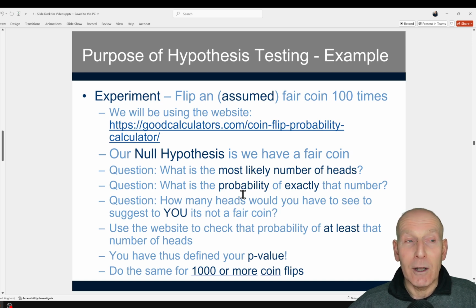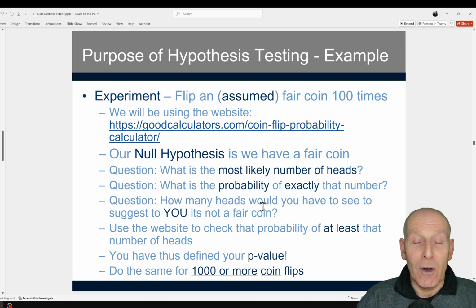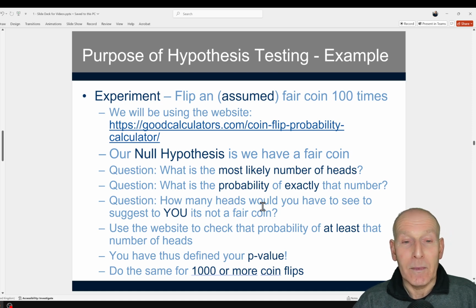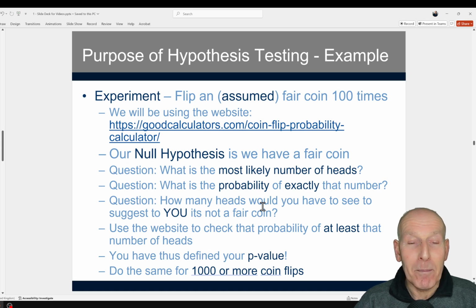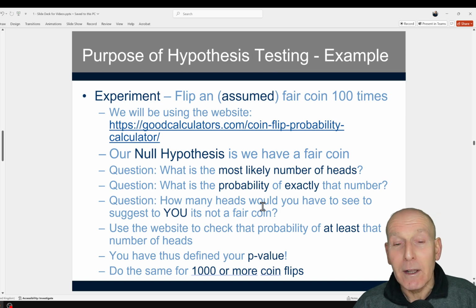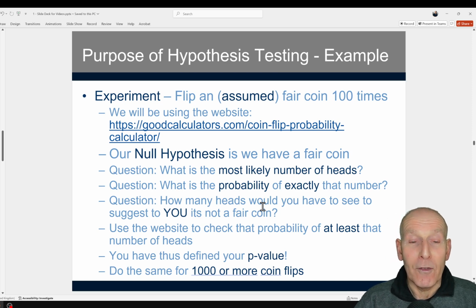In other words, we can flip a coin, and in this particular case we can flip it 100 times, and we'll then run a hypothesis test based on that experiment. Now, I'm hoping everybody is fairly happy with the statement that if this is a fair coin, then the probability of getting a head will be 50% or 0.5.